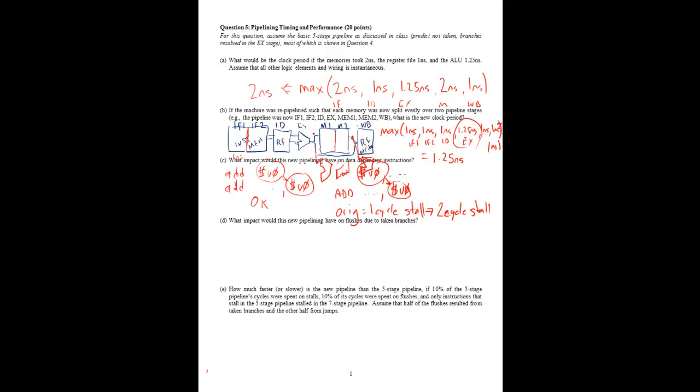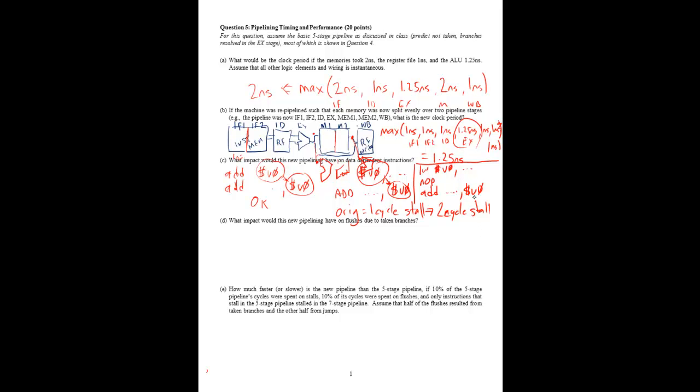Finally, there's times where this new pipeline would create stalls where the original pipeline didn't have stalls. So imagine the following scenario. We have a load word into V0. We have some instruction in between, I'll call it a no-op, followed by some instruction that consumes the value V0.